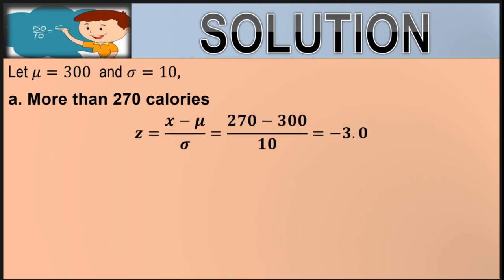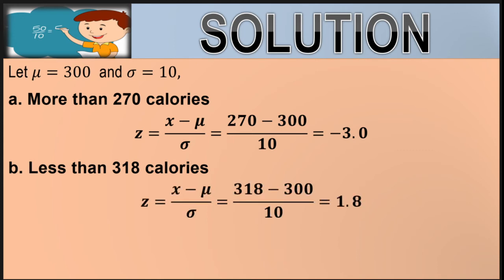We will have 270 minus 300 divided by 10. Using your calculator, we have negative 3.0. For set B, we have less than 318 calories. Substituting to our formula, we will have 318 minus 300 over 10. We will have z equal to 1.8.